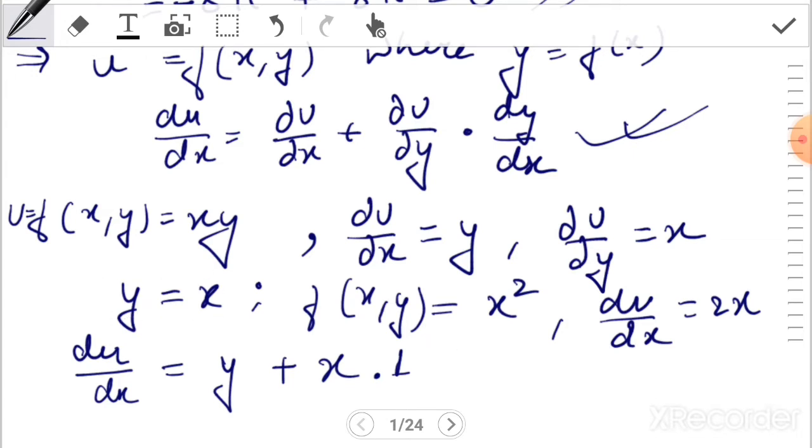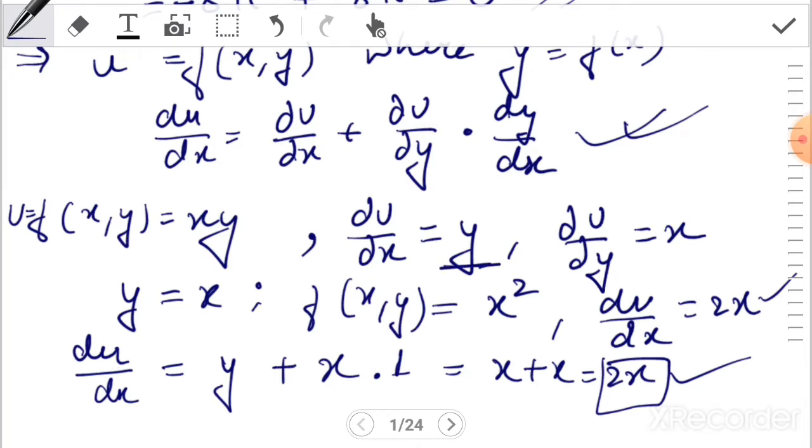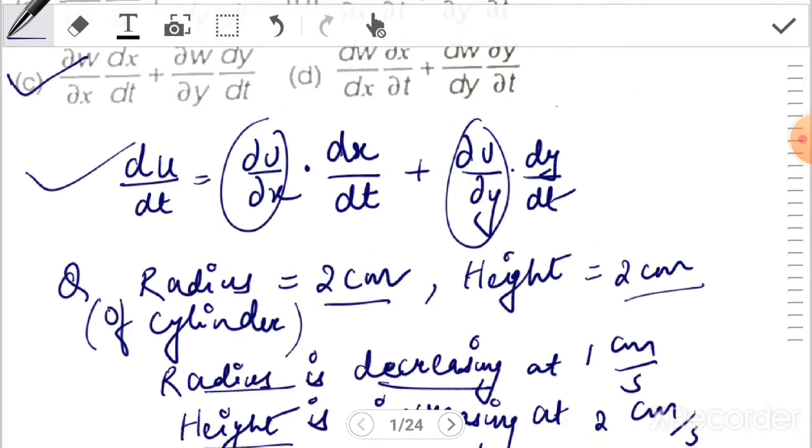Now put the value of y as x, which is x plus x, 2x. So from the chain rule we have got the same answer. Notice that du/dx is not equal to ∂u/∂x. So 2x is not equal to y.